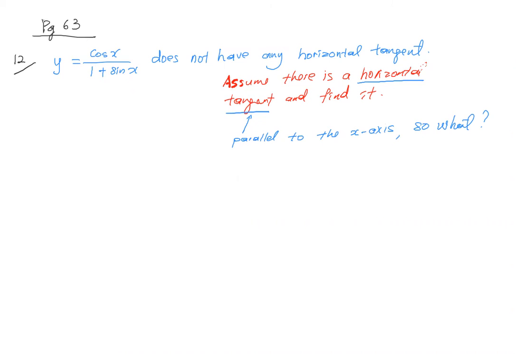Is it dy dx is 0? The gradient is 0. So what is the first thing that you must do with this equation? Differentiate. Yes. Do you know how to differentiate this? You should know, correct? Try to differentiate it.